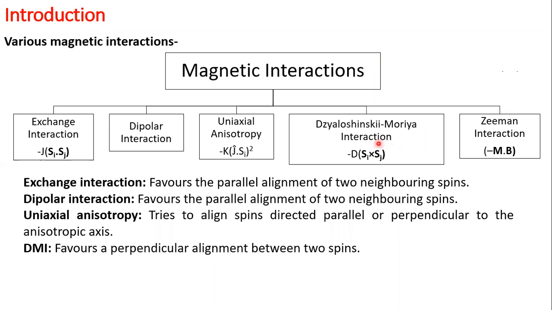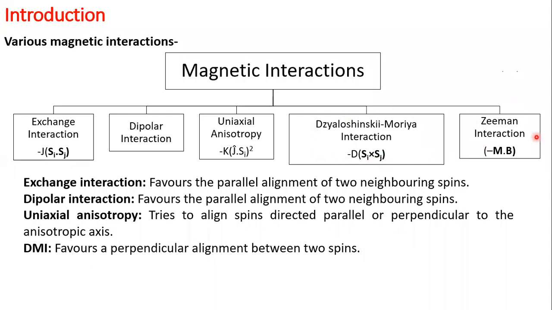When you perform the cross product S_i cross S_j at plus R vector, that will be exactly equal and opposite to that performed at minus R vector. So the two effects combine and cancel the DMI term when we have inversion symmetry in our magnetic system. So to make that term survive, we must break the inversion symmetry in our system.